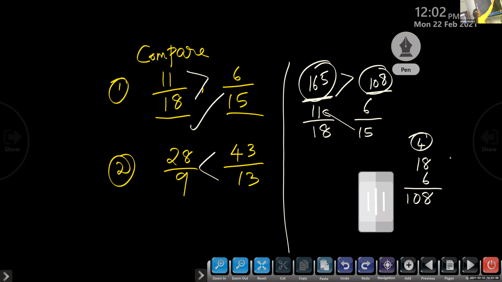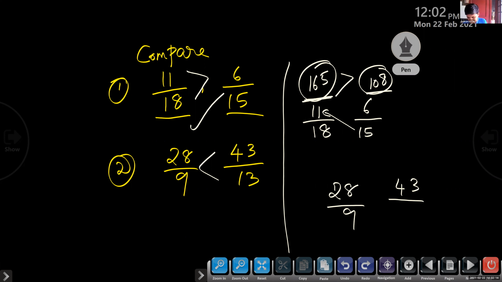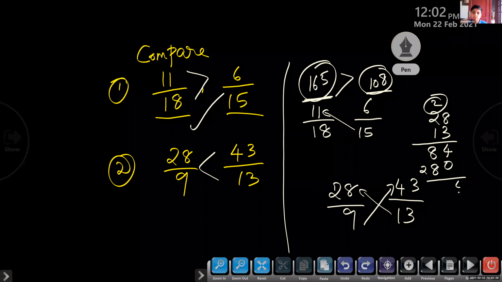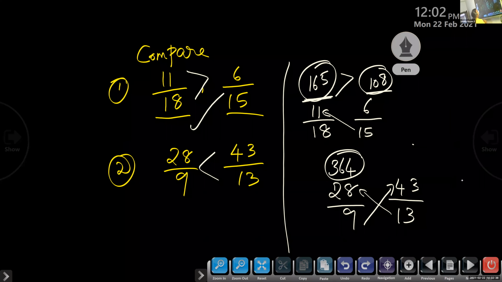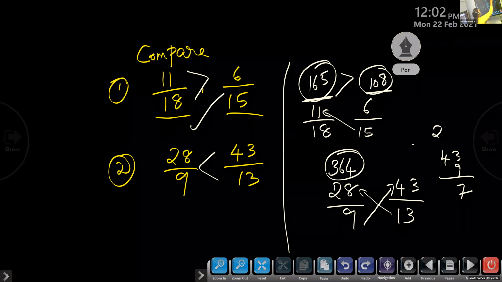Next one, how to cross multiply 28 by 9 and 43 by 13. 28 into 13 is 364. 43 into 9: 9 3s are 27, 2 carryover, 9 4s are 36 plus 2 is 38, so 387.